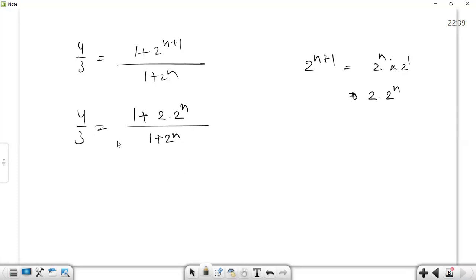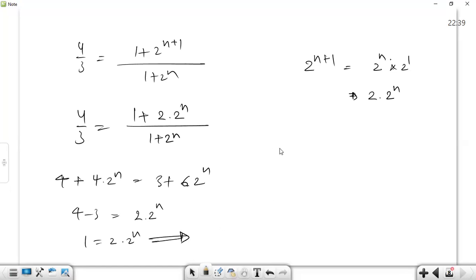Now let's solve it. Cross multiplying, that becomes 4 into 1 plus 2 raised to power n equals 3 into 1 plus 2 into 2 raised to power n. That becomes 3 plus 6 into 2 raised to power n. So taking this onto the left hand side, 4 minus 3, and this onto the right hand side, 6 minus 4 becomes 2 into 2 raised to power n. This becomes 1 is equal to 2 into 2 raised to power n.